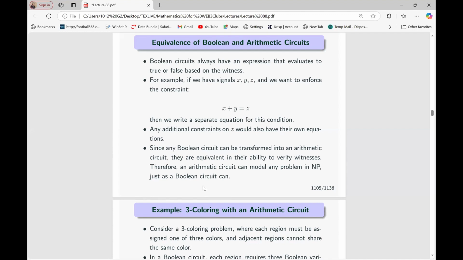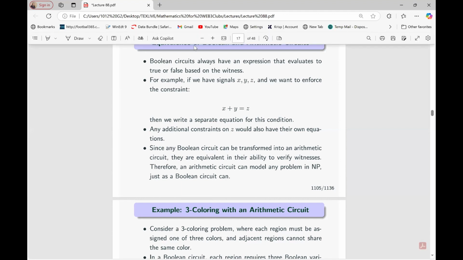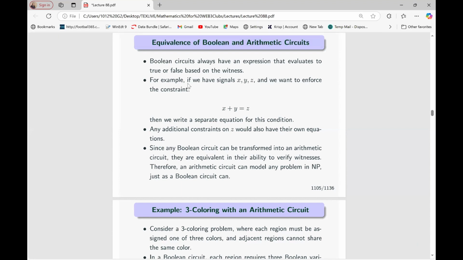So we'll be seeing how to write equations to do that. So I want us to stop there. Today, I just wanted us to know what an arithmetic circuit is, and some of the terminologies that we'll be using while writing the circuits going forward.